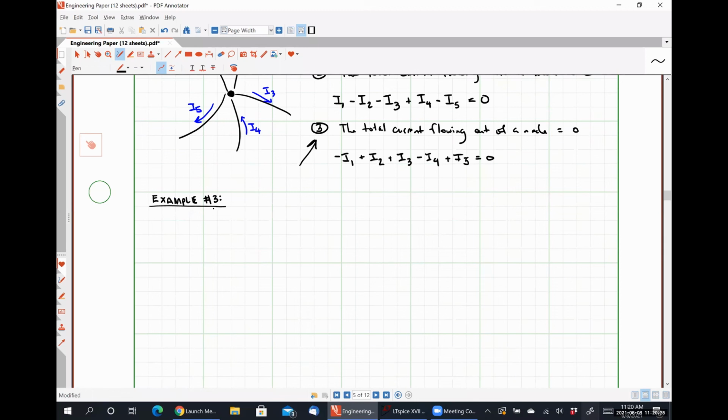I'm going to have a fairly complicated circuit because, again, that's just who I am. And we are going to work our way through it.